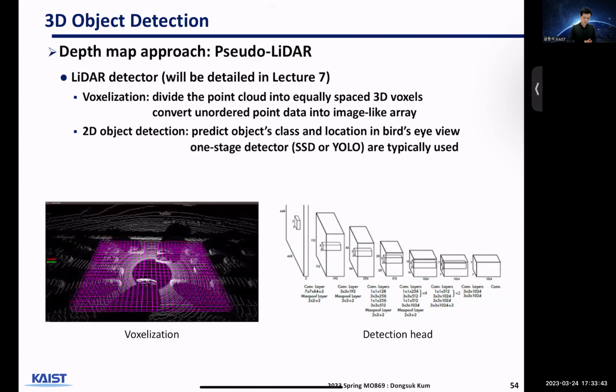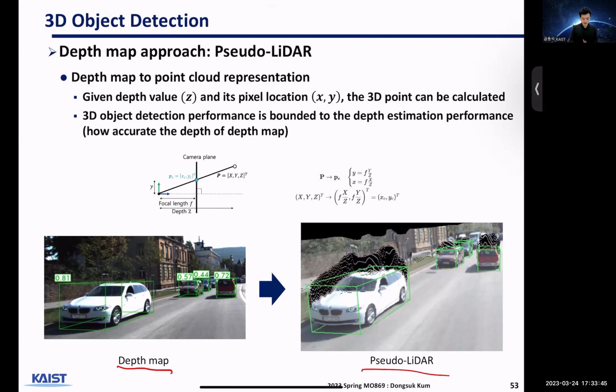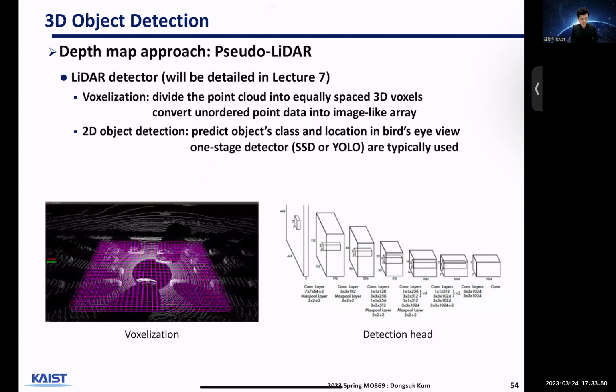And then using this point cloud in 3D space, you can do voxelization, meaning that you create a grid in the 3D space. So you have boxes in the 3D space, stacking next to each other in the X, Y, and Z directions.